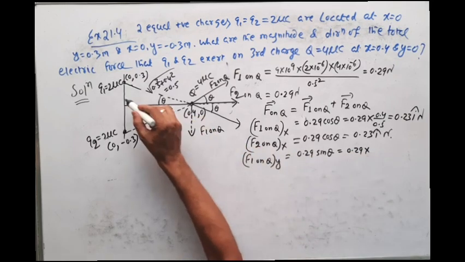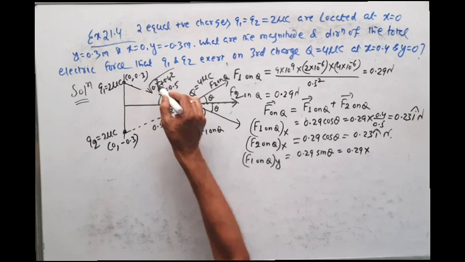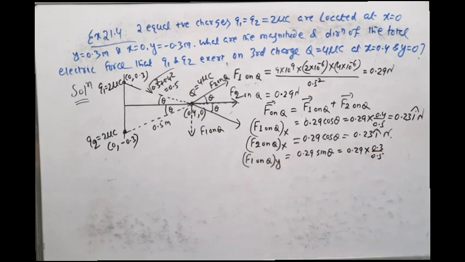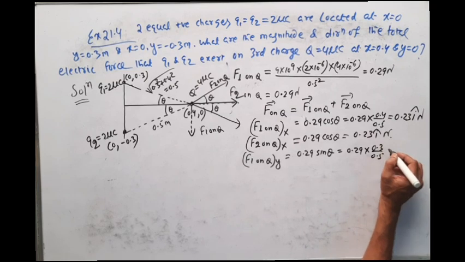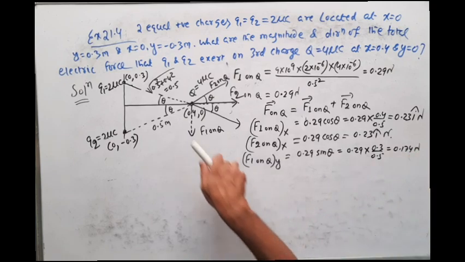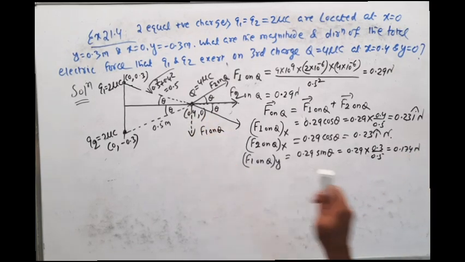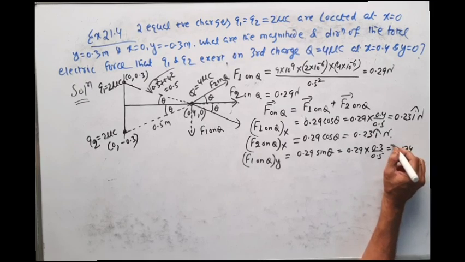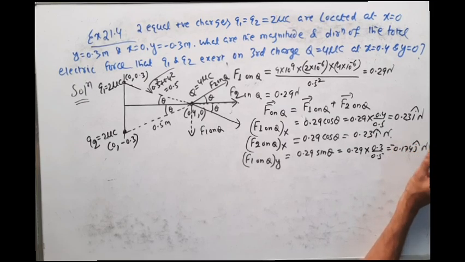So what is sine theta? P by h, that is 0.3 by 0.5. If you calculate, you will get 0.174 Newton. But it is lying in which direction? Negative y direction. Here you write down minus j cap.